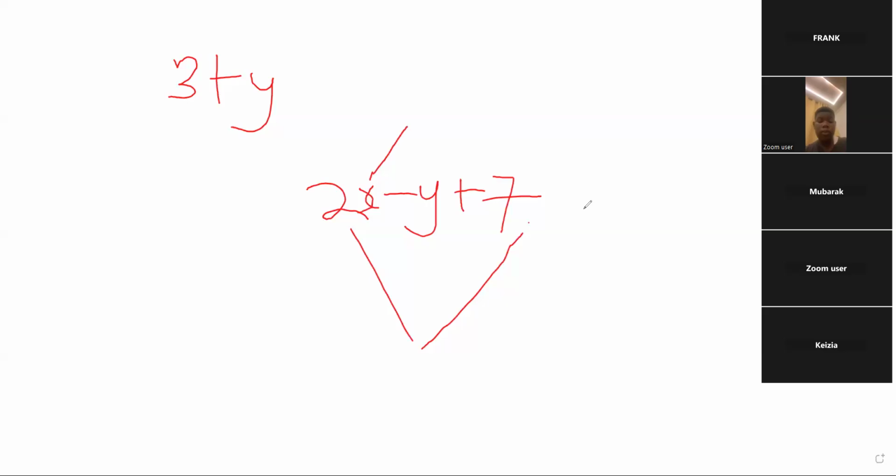The letters are x and y. The operations are the minus and the addition. So once we have numbers mixed with letters and operations, we say that is an algebraic expression.